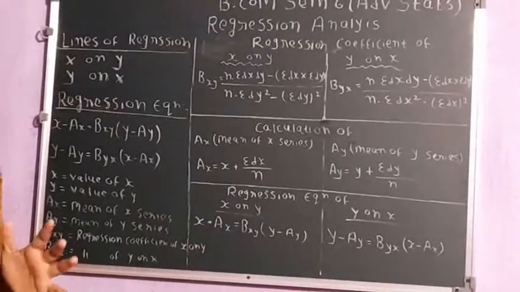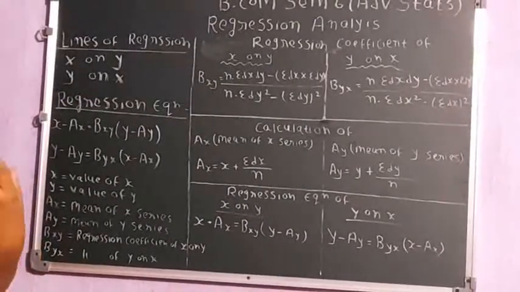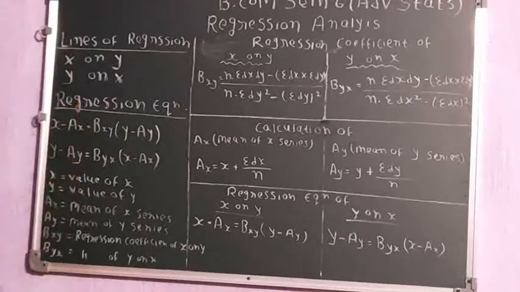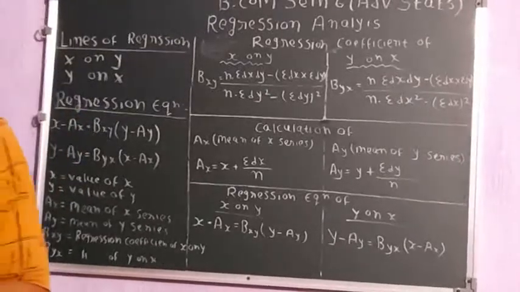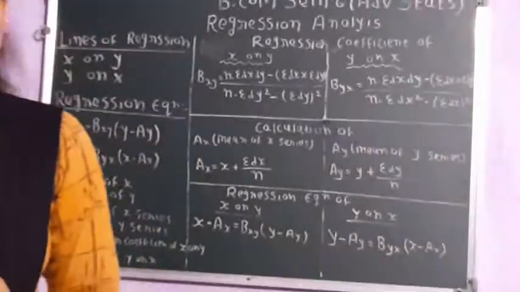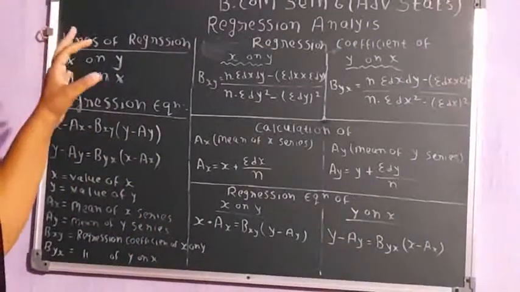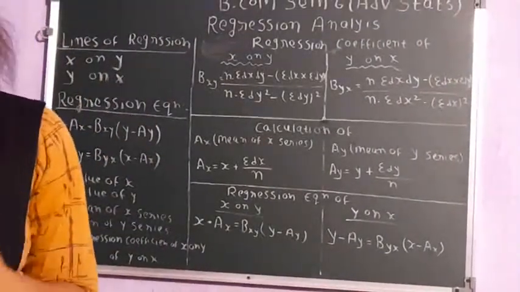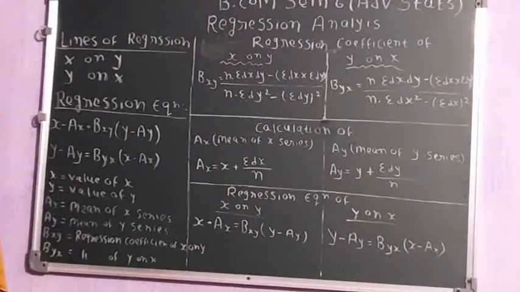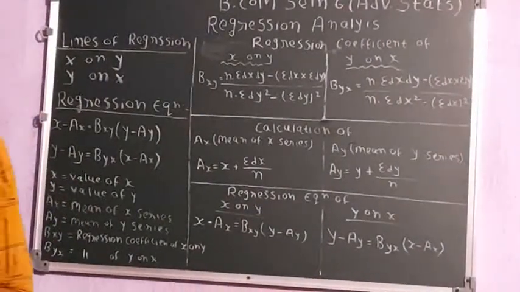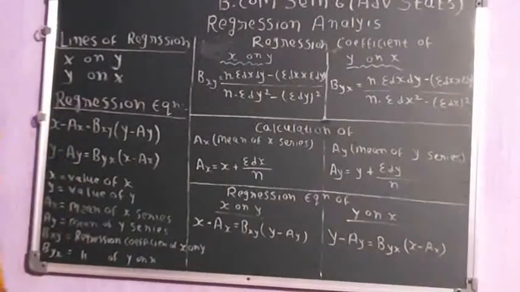So what is the concept of the line of regression? Here the regression lines are a very important concept. There are two regression lines, and they show the mutual relationship between two variables.